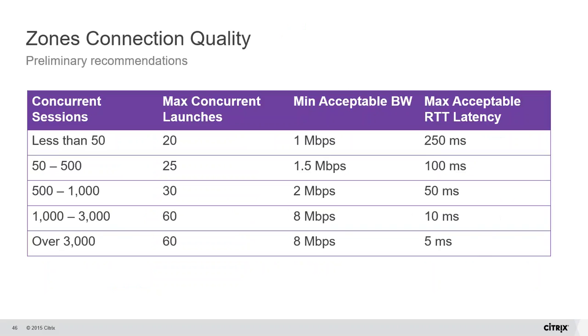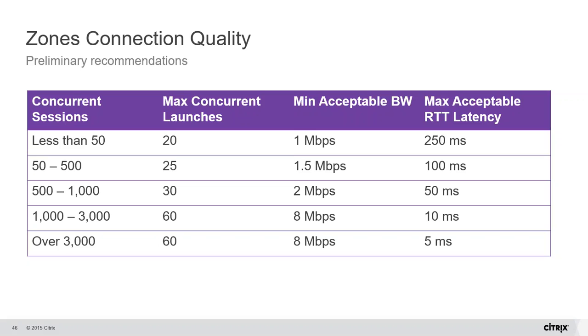And so some of the guidelines we have, based on some testing, are that based on how many concurrent sessions you have, you want to look at how many concurrent launches you need to be able to support. The more users you have, chances are you're going to have to support more concurrent launches. There's a minimum bandwidth you should have, and also a maximum latency you should have. It's not going to break if you go beyond this. But what's going to happen is things are going to take longer.